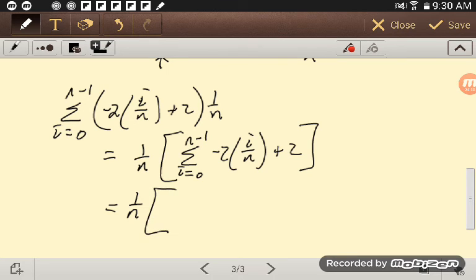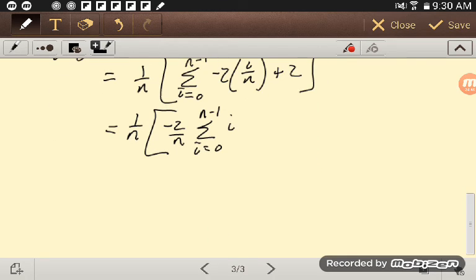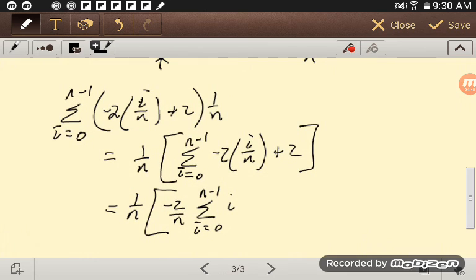Okay, and we break up our sums, and I'll factor things out at the same time. So minus 2 over n, the sum i equals 0 to n minus 1 of i. Plus, we have our 2 times the sum i equals 0 to n minus 1 of 1.